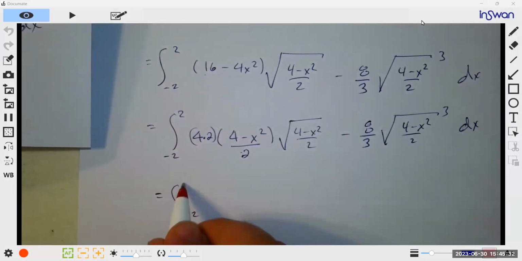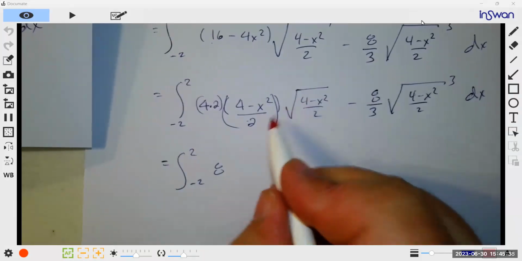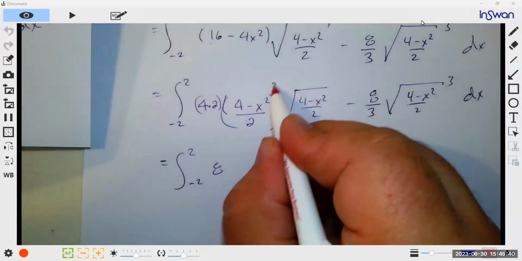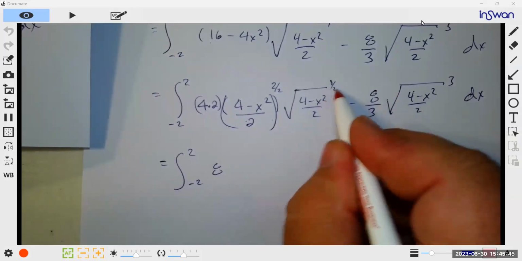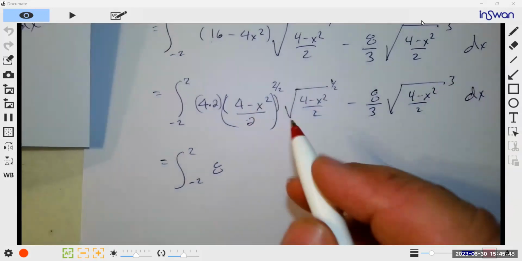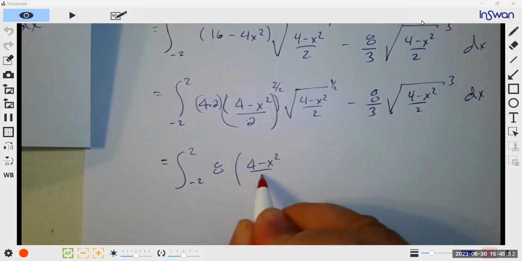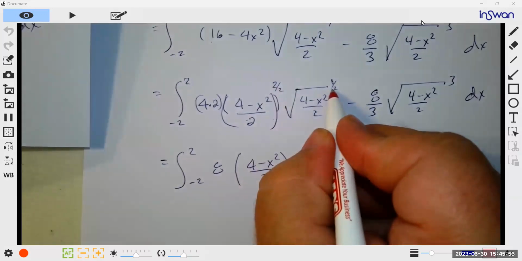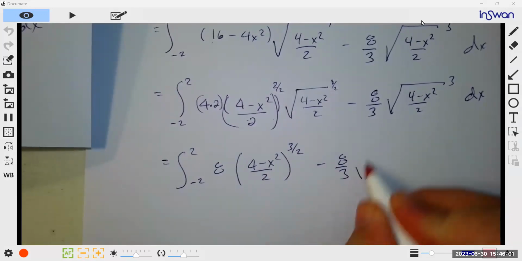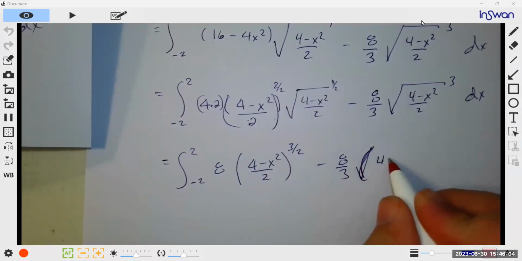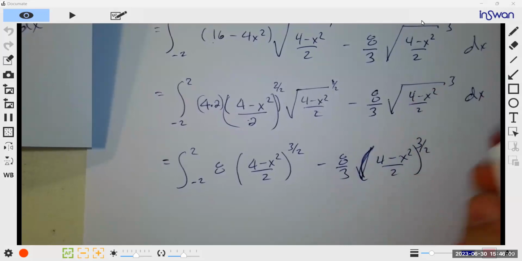Now what we have is this one is actually 2 over 2, because this one's 1 over 2 with that radical. This is 3 over 2, so we have to get the same denominator. So we could do that: 4 minus x squared over 2, 2 over 2 plus 1 over 2 is 3 over 2, so 4 minus x squared over 2 to the 3 over radical 2.